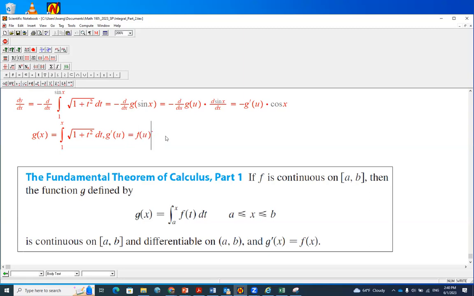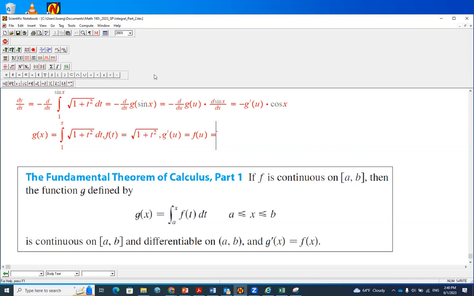And of course, we have identified what f is. F of t equals that piece. So g prime u is f of u, and f of u is replacing this piece by u.